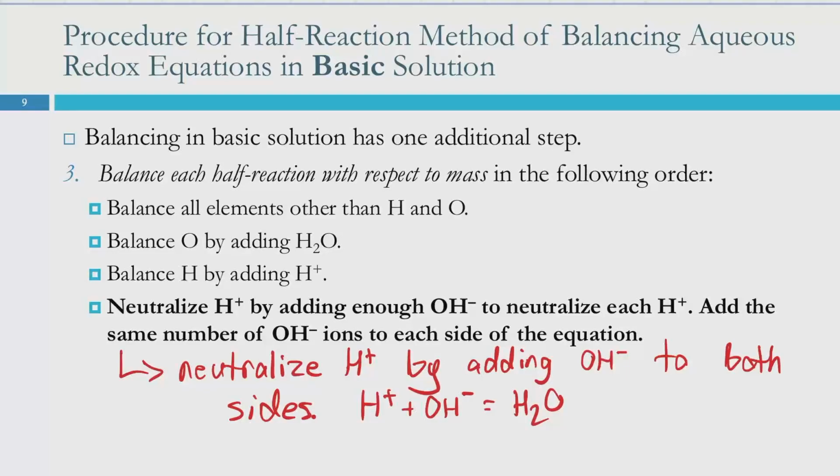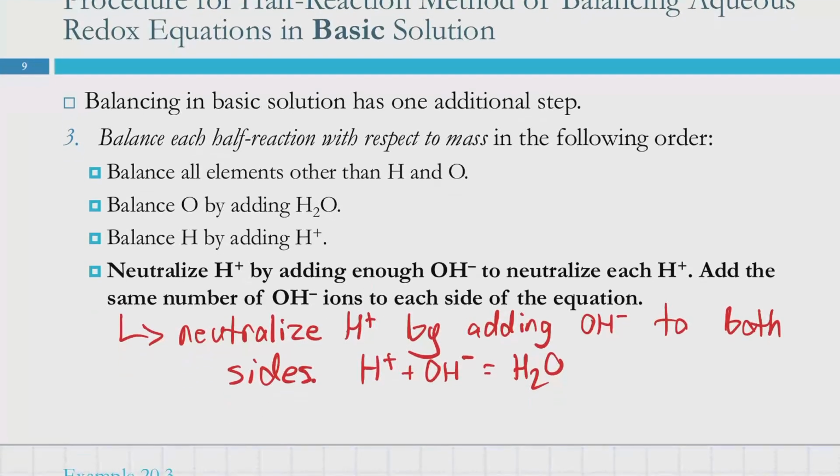So we'll turn that side into H2Os, and magically we'll have the correct number of hydroxides on the other side. This is how we complete the mass balancing portion. We still have to balance for charge, multiply to get our electrons equal, combine them, cancel things out. But this lets us just do one extra step instead of potentially a lot more math. So this is the way that I recommend doing it in basic solution.